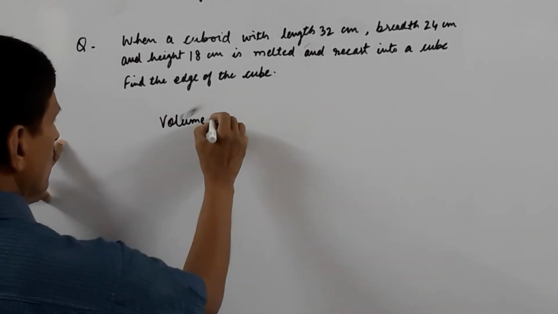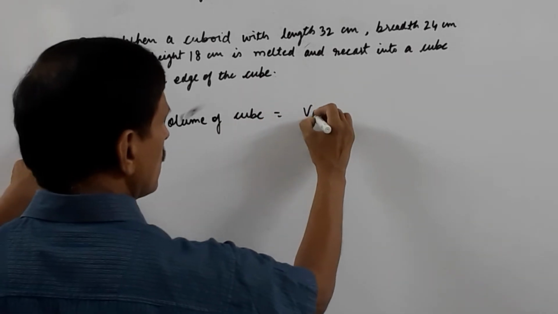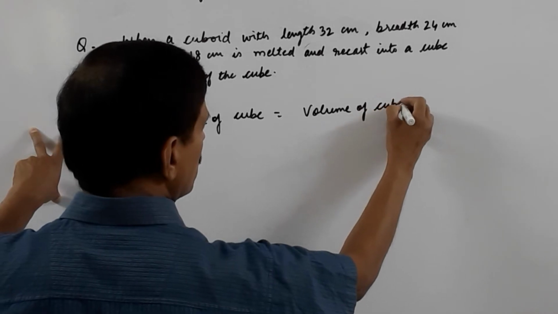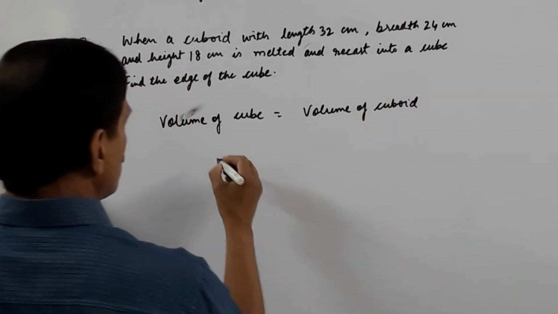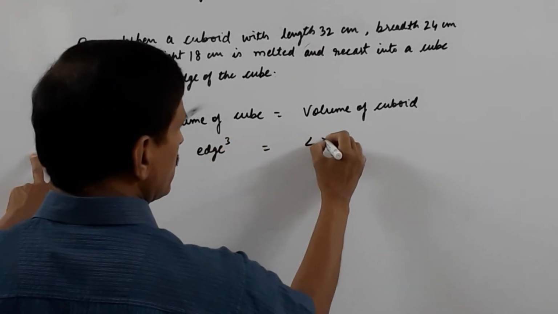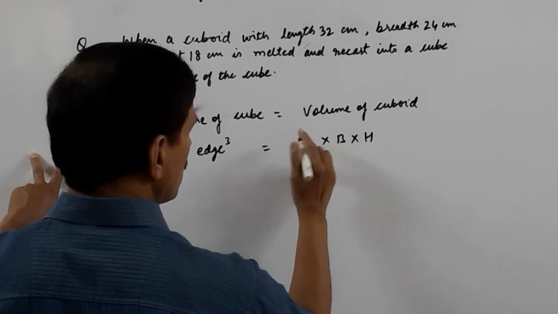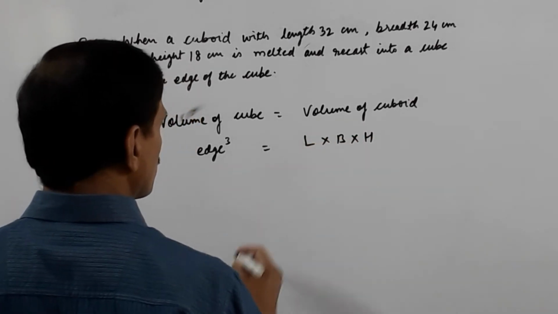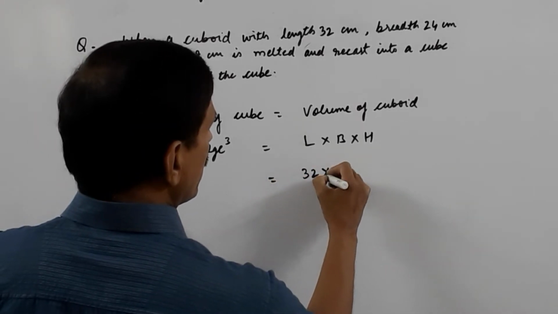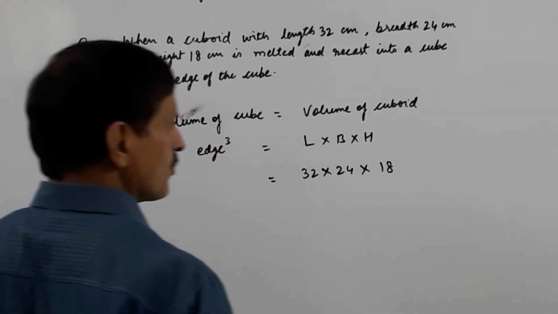So the volume of the cube is equal to the volume of the cuboid, so a cube is equal to length into breadth into height. That is 32 into 24 into 18.